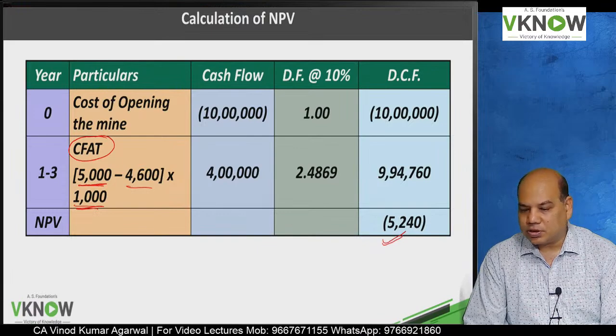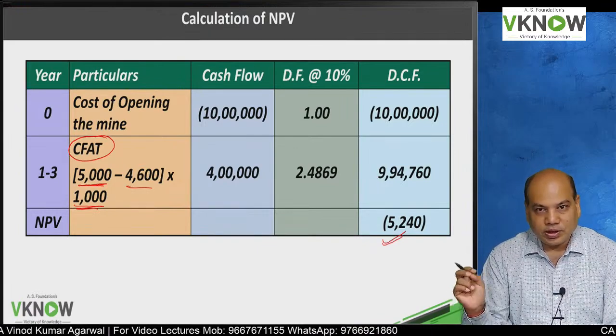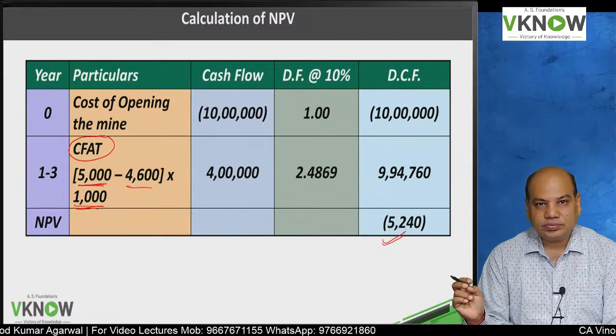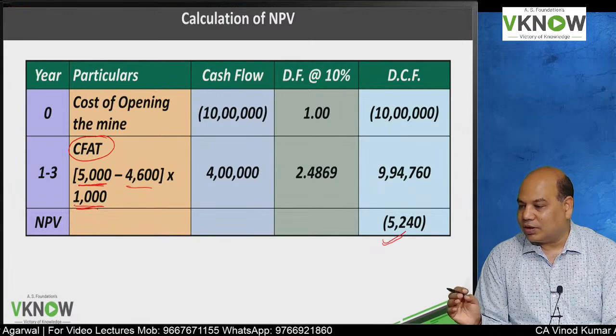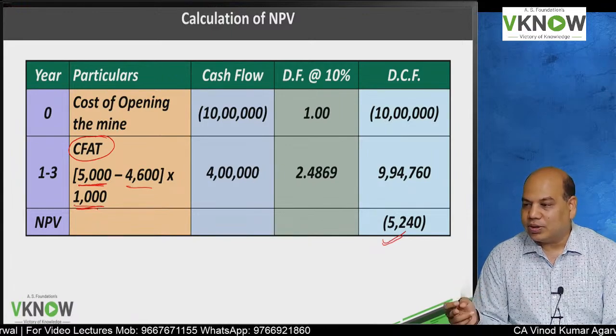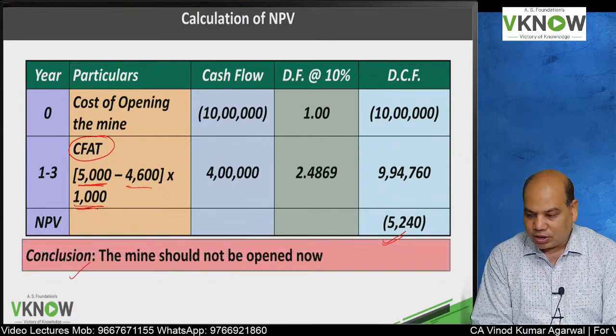The value of this project is negative. What will you do? Will you open the mine now? Yes or no? With negative NPV, would you open the mine now? The answer is no. Write down one note here.